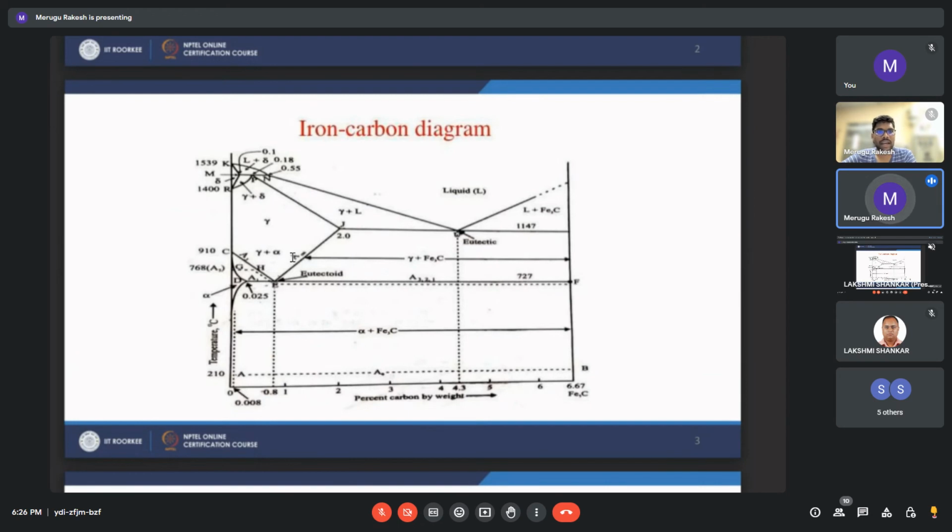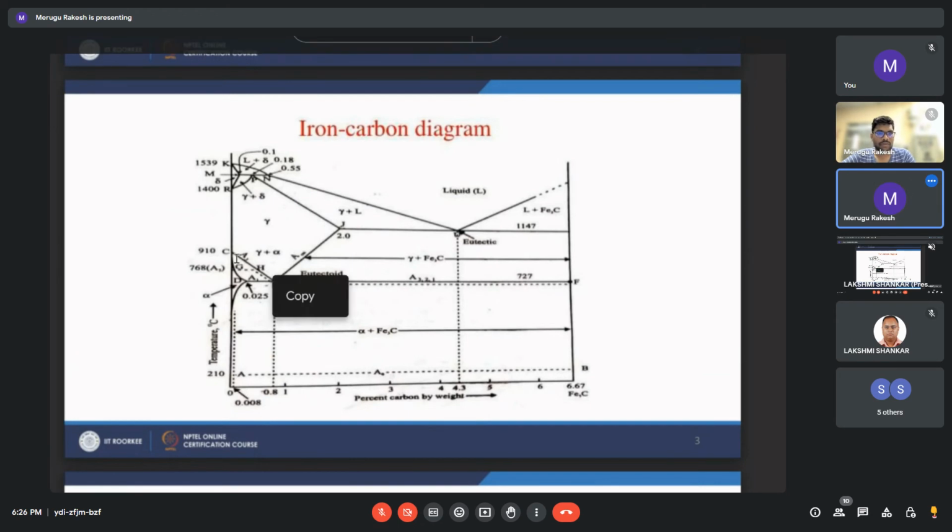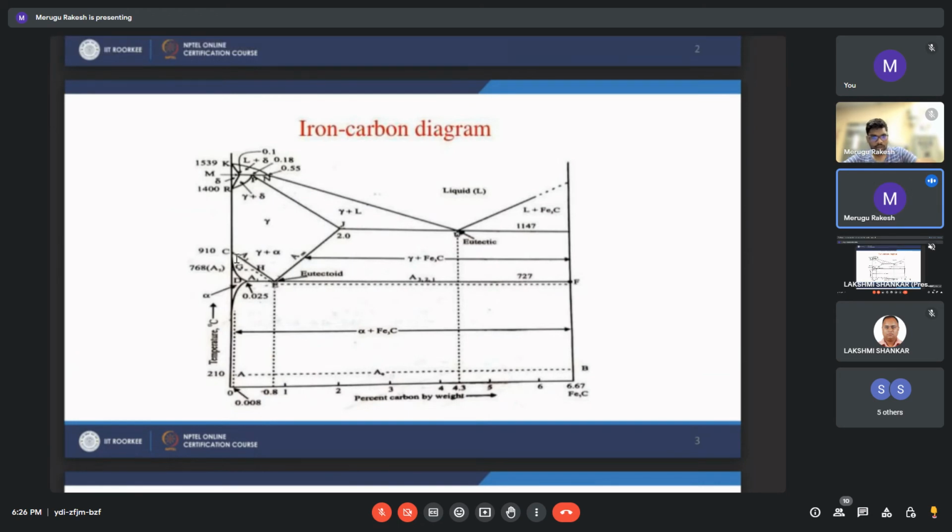If you see this iron carbide diagram, heat treatment happens along this line, this C. Basically we have austenite. Based upon the type of cooling, we can predict the microstructure. If we cool very fast, we end up with a very hard martensitic phase.